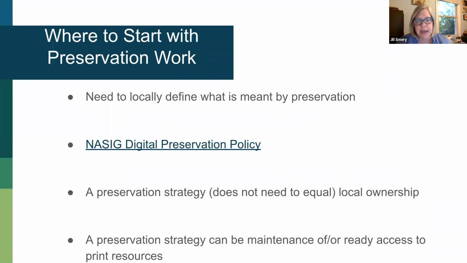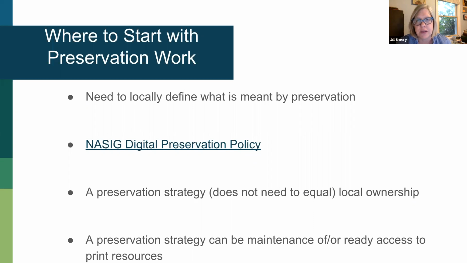One of the things I want to point out, because I see this happen a lot in library Twitter and other places, is there's this conflation all the time of a preservation strategy equaling local ownership. And I'm not sure that that necessarily needs to be wedded together. I think we need to think long and hard about what we're going to support as third-party or external preservation strategies that we support as libraries that might be worthwhile and sustainable to us.